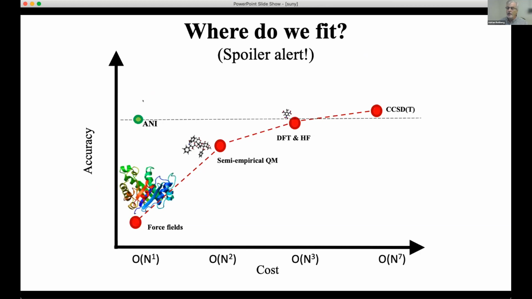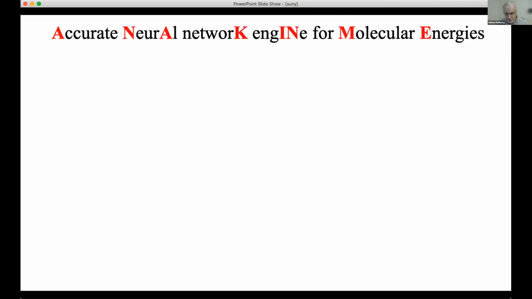A thing that will be within reach of whatever it costs you to do a force field, so microseconds to sub-milliseconds, but it should be as accurate as some high level of theory. In principle, if I can deliver this, we have our own ideas of what to do with it, but I think what's important for the field is what would people do with that, if you could break this balance.